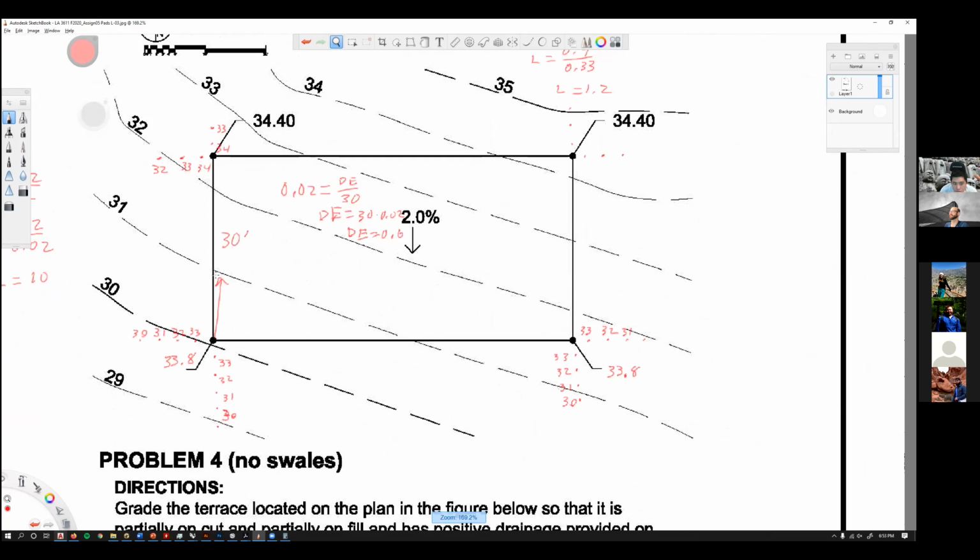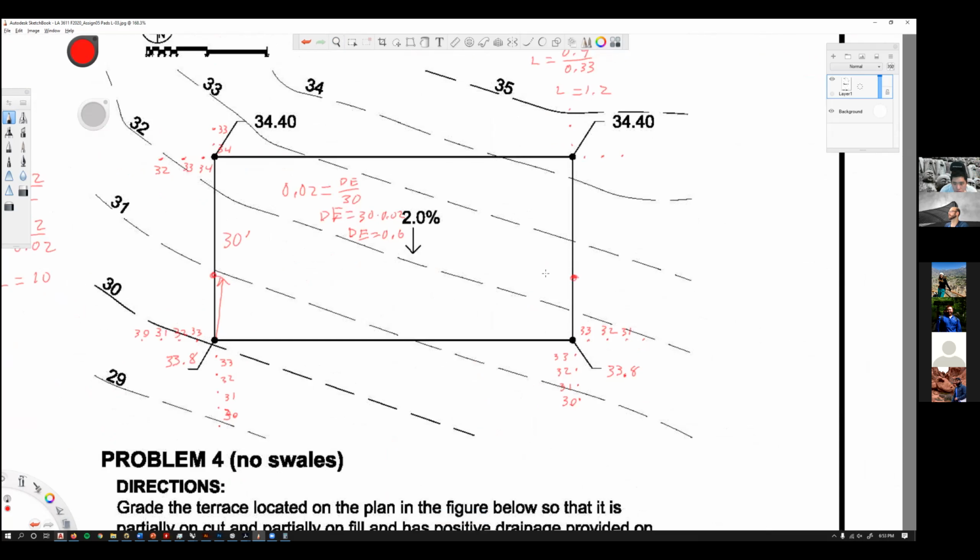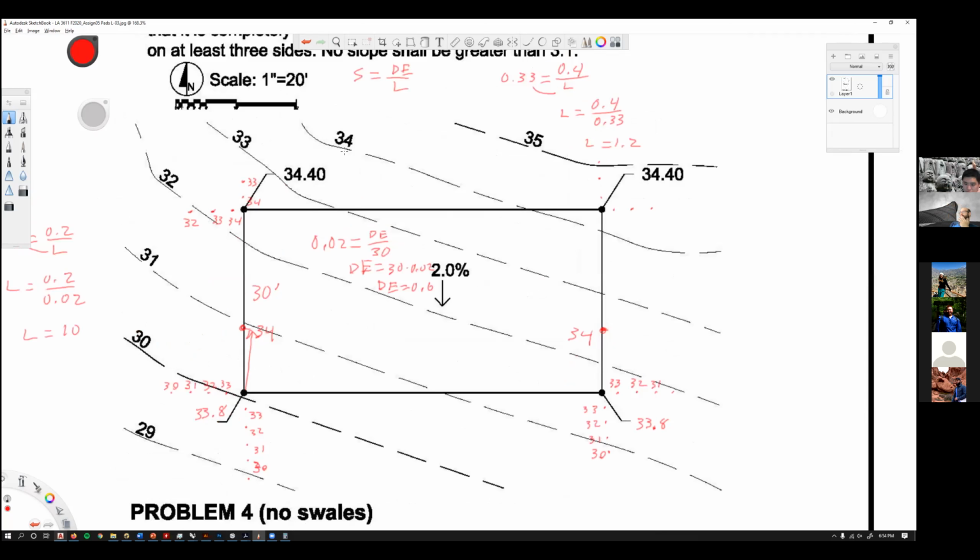And now you're basically going to connect the dots. We're missing our one in the center here, right? Our 34. What's tricky here is that because we're going downhill in this direction, we're going to start with 34, because that's the first one that's coming down, and then it's going to connect back to this one. You would start here and kind of wrap it around, hit 34, and then come do a straight line down to where it crosses the slope.